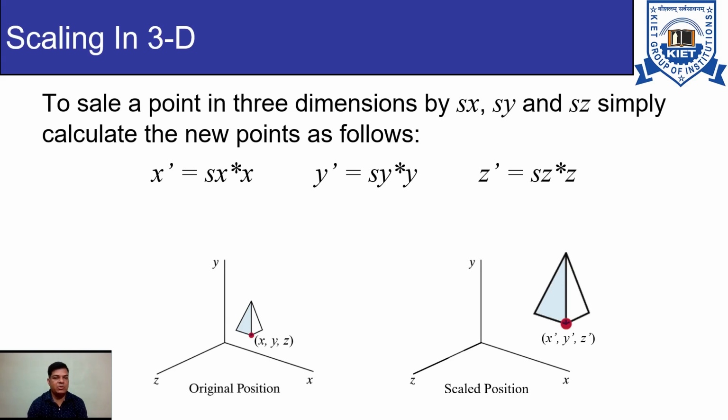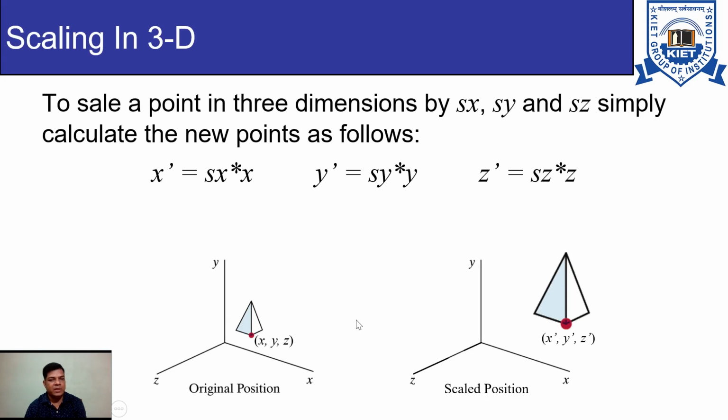Here you can see one rectangular pyramid, or it could be a triangular pyramid, and this is the initial position of the object. Now we are increasing the size of the object by applying the scaling factors. Here you can see the new positions: a point having coordinates x, y, z becomes x dash, y dash, and z dash.